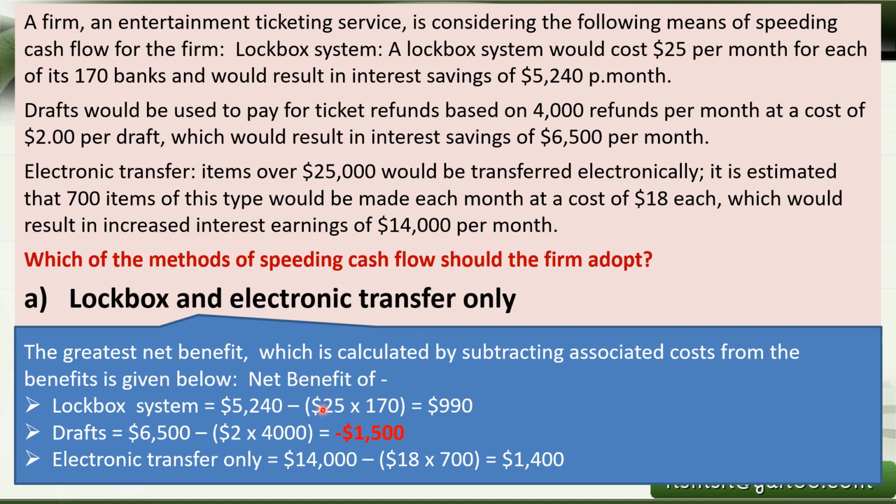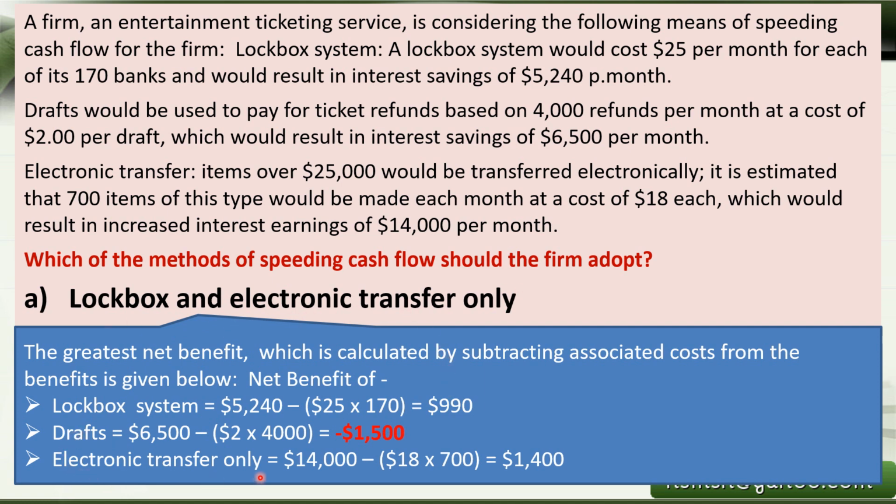When you apply that, the cost is $25 multiplied by 170 against the interest saving per month, which is 5,240. So the per month saving is 990. For drafts, it is 6,500 interest saving against the cost of 4,000 draft refunds at $2 per draft. So that is the cost, so the result is minus $1,500, which is negative. And so the draft system should never be used. So we conclude that.